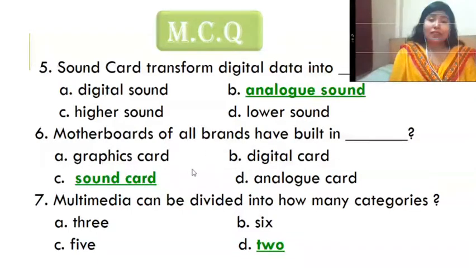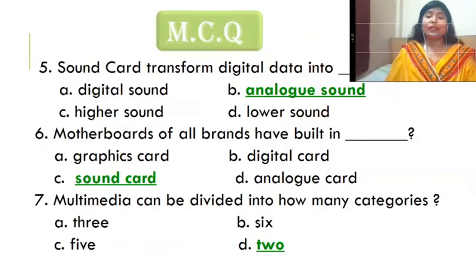No, a graphics card is individual. B. Digital card. No, it's a wrong answer. C. Sound card. Next, D. Analog card. But as we all know, the sound card is the correct answer, because motherboards of all brands have a built-in sound card.